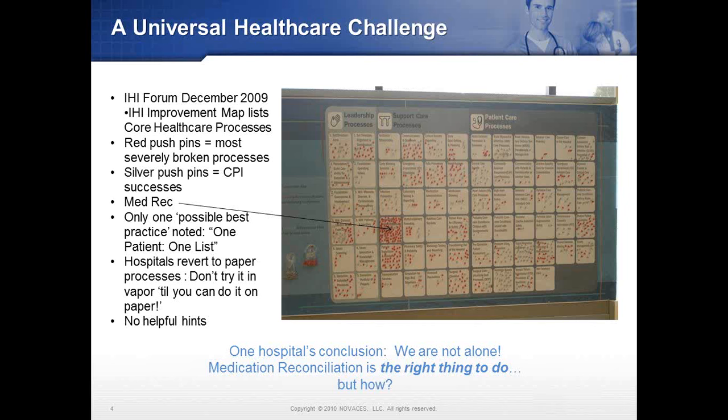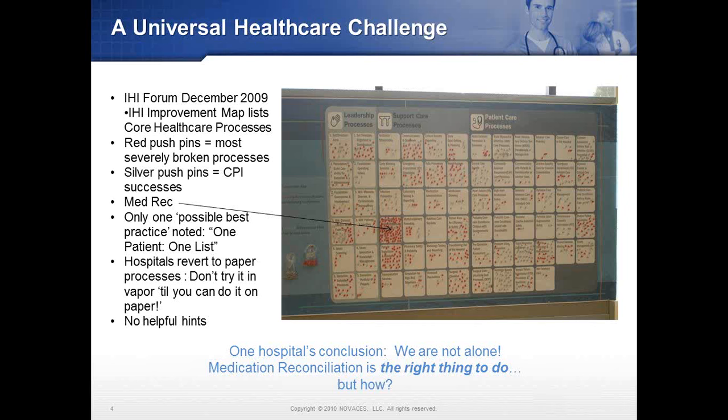Well, how was what I tried to find out while I was there at the conference. I asked everyone who would talk to me what they did about MedRec. And the only best practice or positive thing that I heard from anyone was one patient, one list. Hospitals and people who work in hospitals were so frustrated with medication reconciliation that one actually said that they had reverted to paper processes because they just couldn't get it right in their electronic health record.